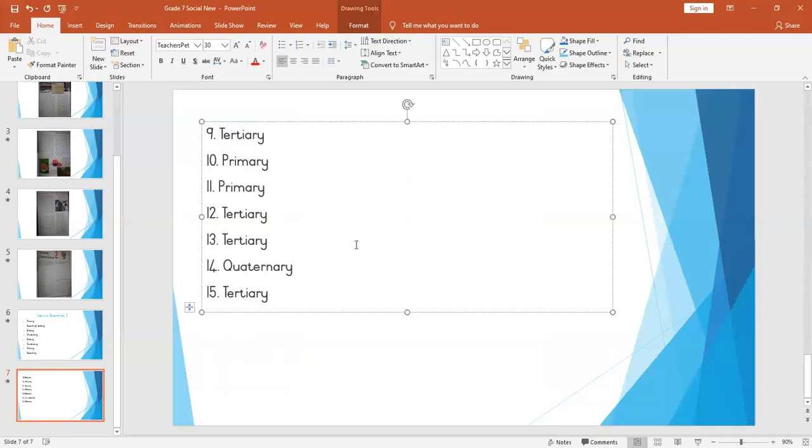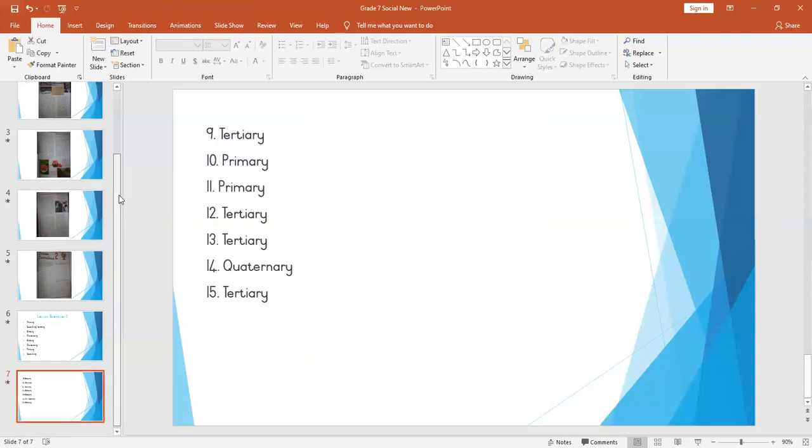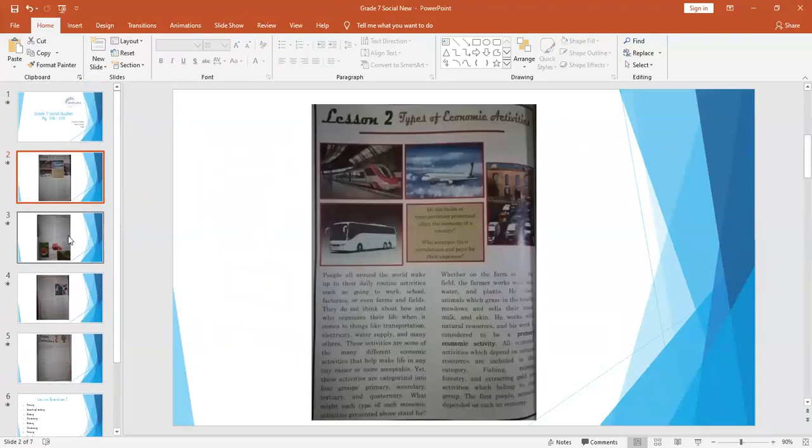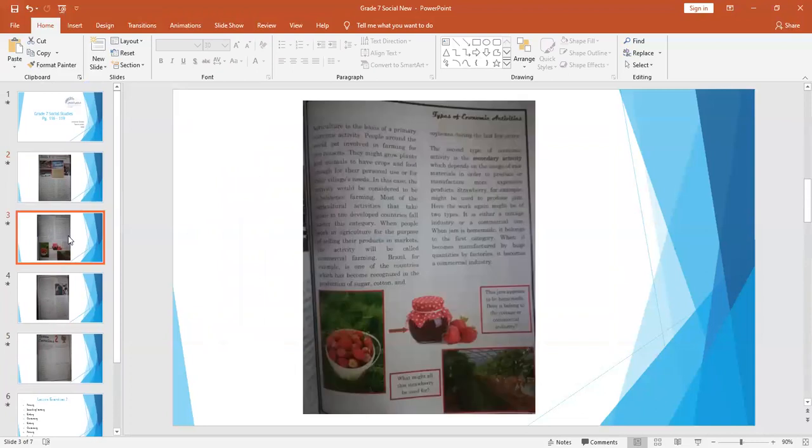Now, for exercise 2 and 3, I would like us to quickly go back to page 117. For exercise 2 and 3, the question asks us, what does the term subsistence farming refer to? A bit earlier when I was reading the text and explaining to you, subsistence farming was found here.